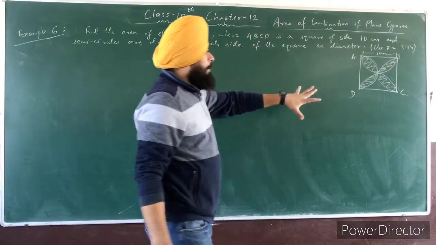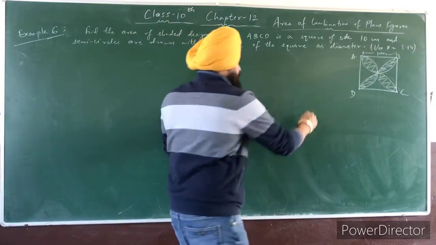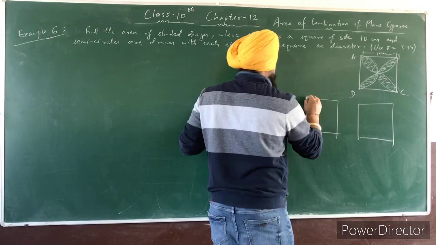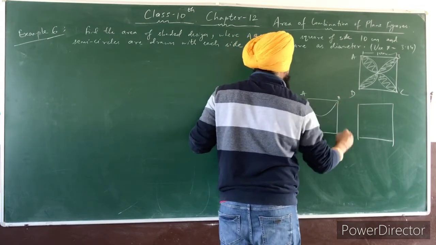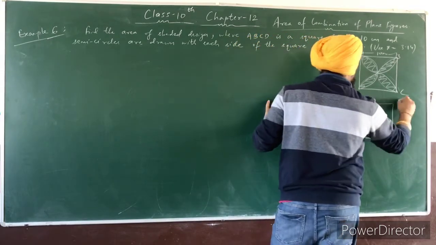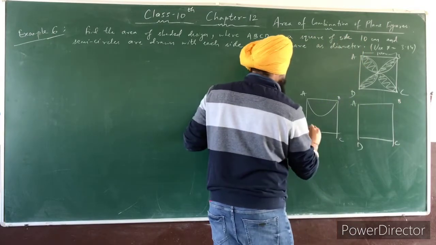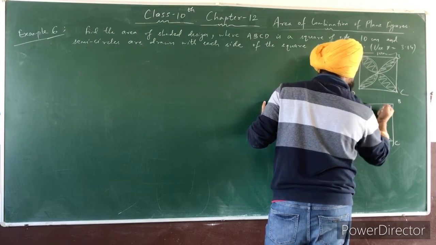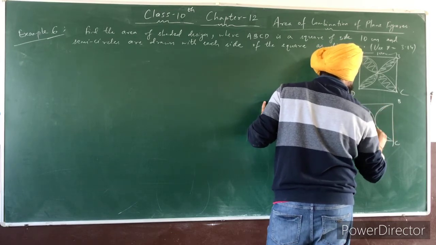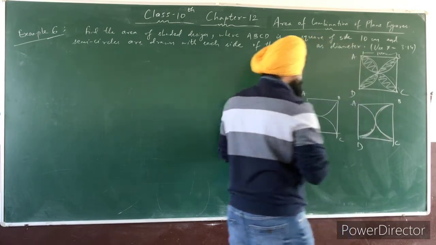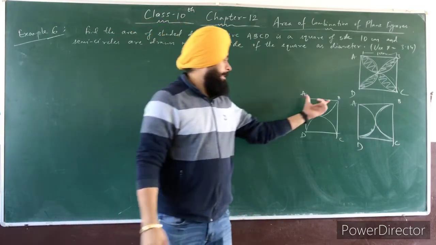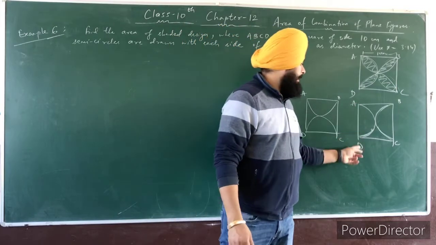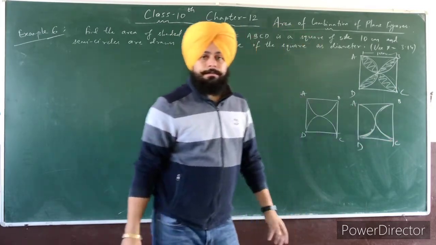We can find the area of this shaded region. So what we can do, you can draw 2 separate figures. First you can draw 2 semicircles alongside AB and CD, and again 2 semicircles alongside AD and BC.